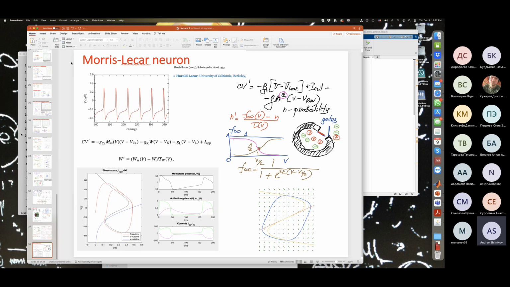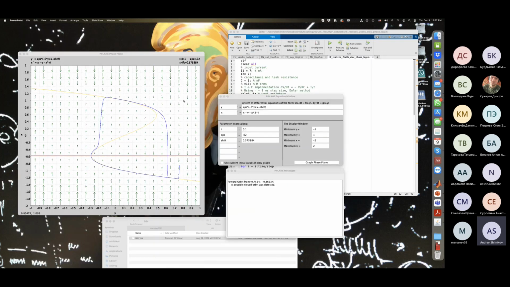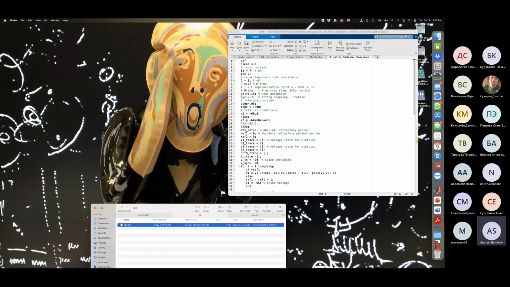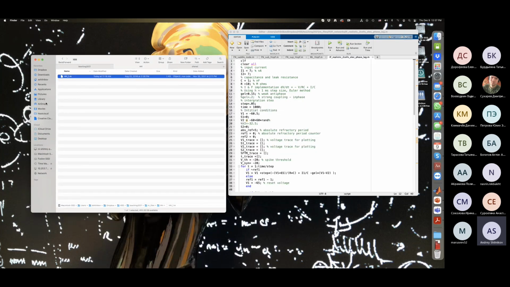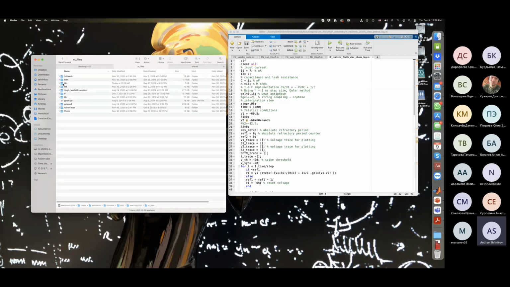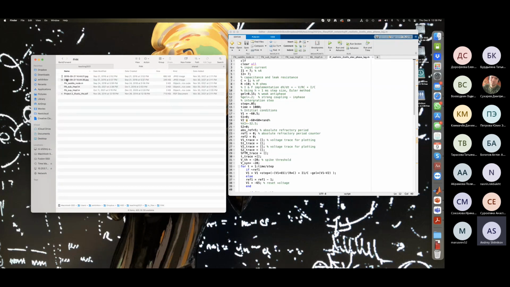Okay, so what I'm going to do next, I've finished with my lectures. PDFs are there, and then I go, okay, I'll do this. I'm going to close TP plane, open up this file, click M files, and then I go to Fitzhugh-Nagumo, and I click that file.